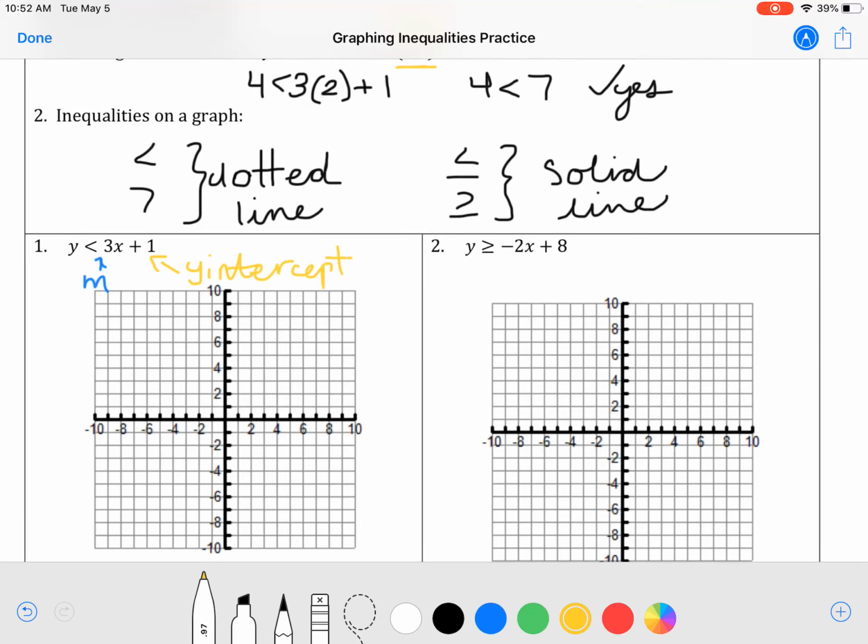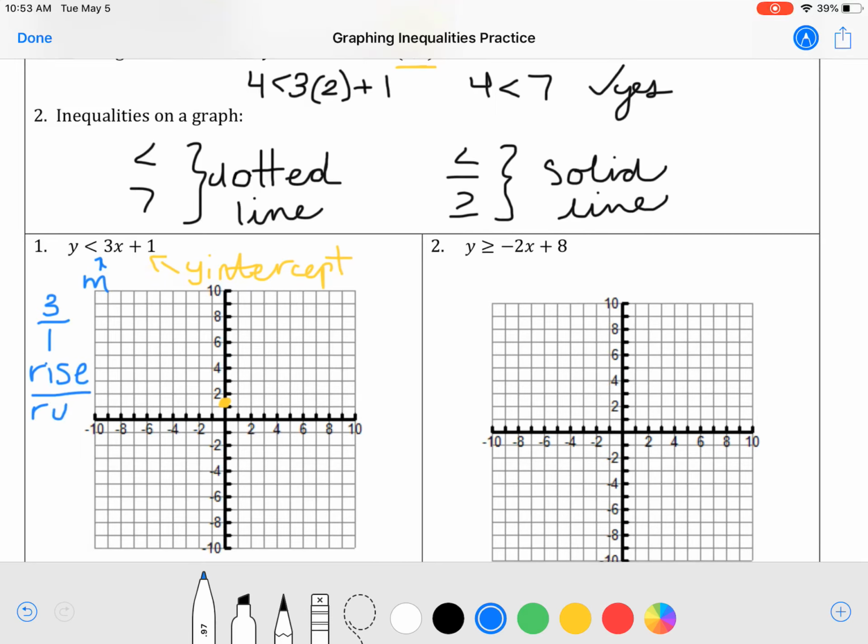So my y-intercept is on my y-axis, the up and down axis. So I'm going to start with a point at y equals 1. I'm then going to graph my slope. Now, my slope is 3, so I can think about that as 3 over 1. Remember that I always talk about rise over run for my slope.